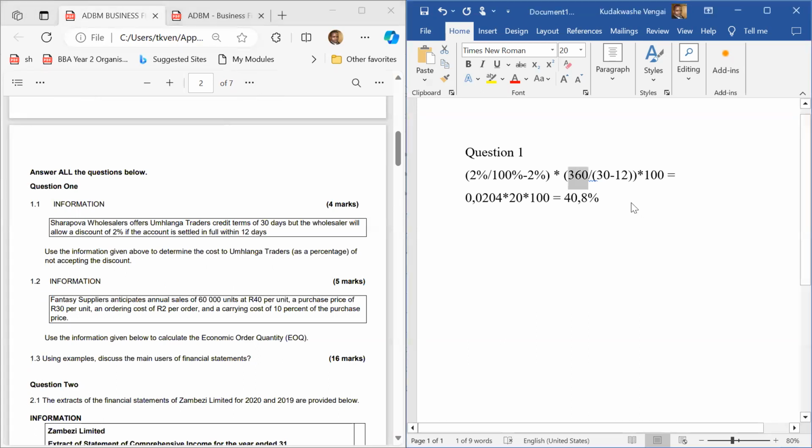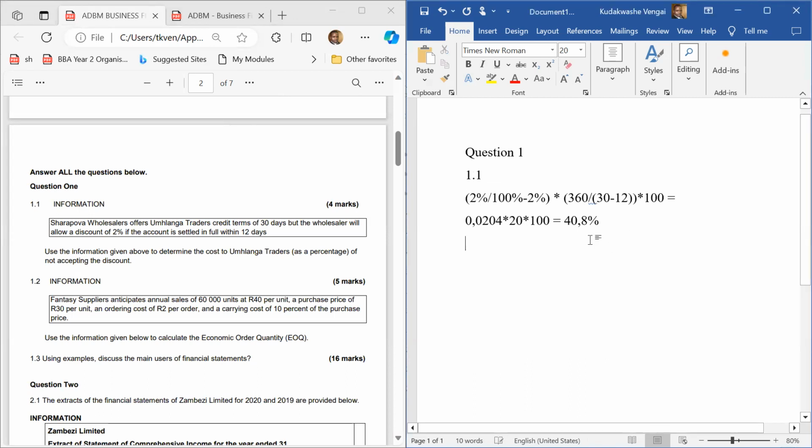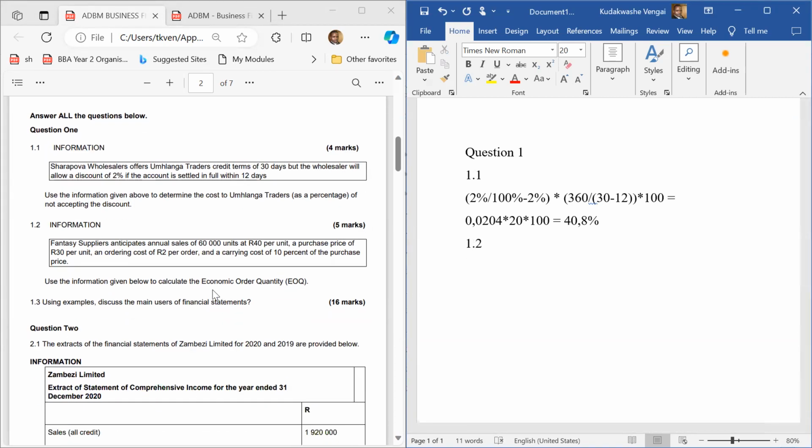All right, so we go to 1.2. That's 1.1, so it's just an issue of applying the formula. Identify where the formula is in your study guide and then apply the formula as provided by your lecturer. 1.2, same thing again. It's from unit number 3. You're just supposed to apply the formula. This one is economic order quantity, and you're given some information on it.